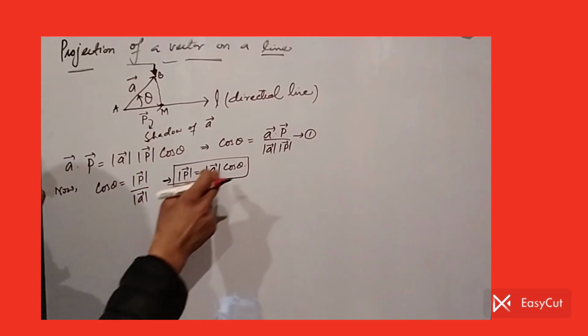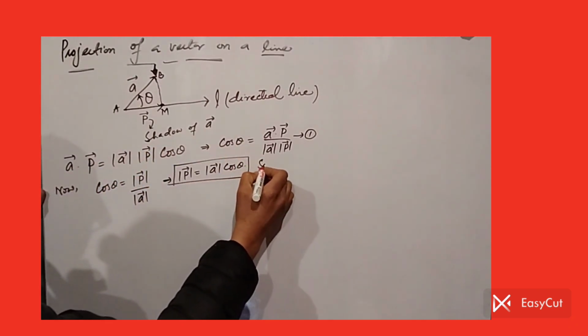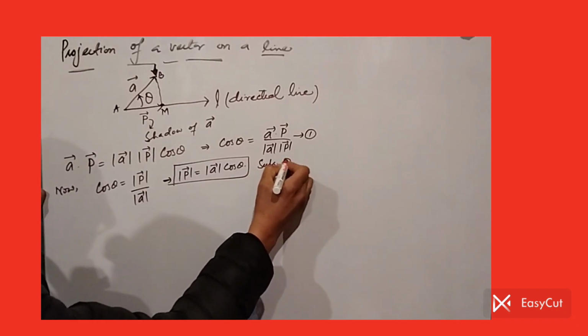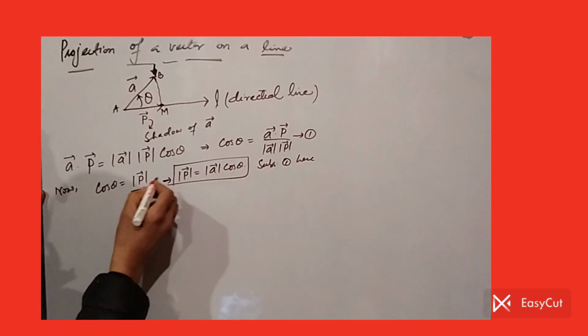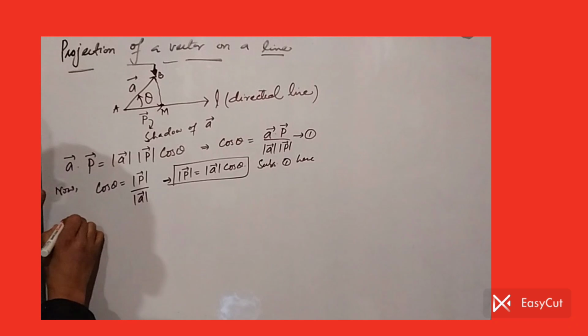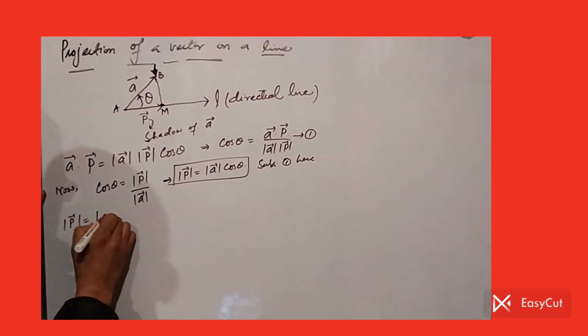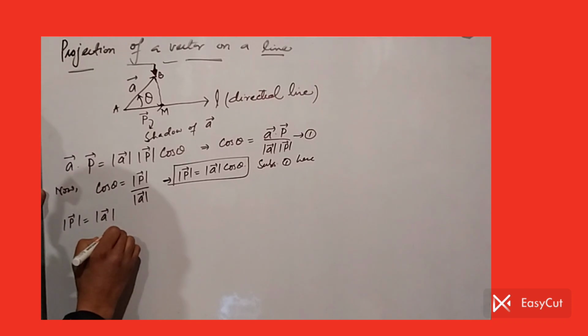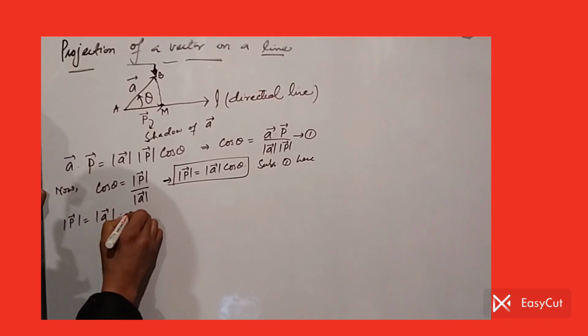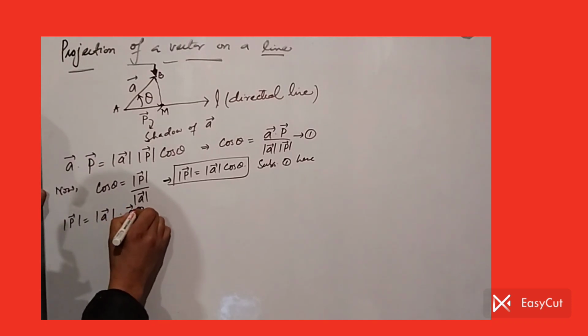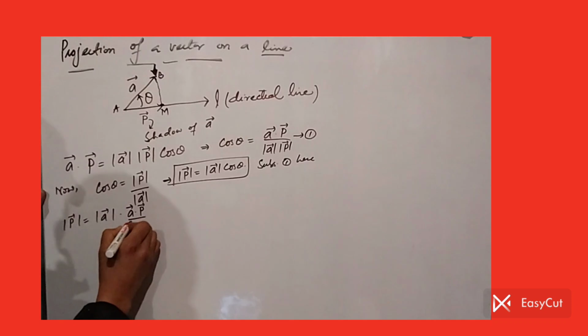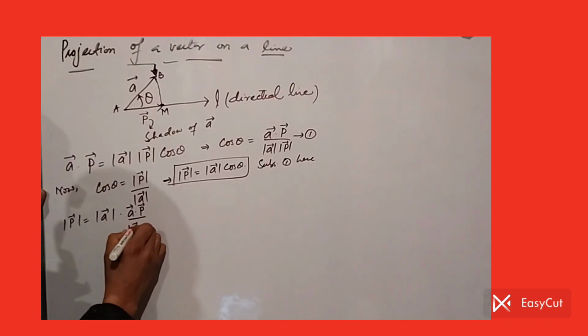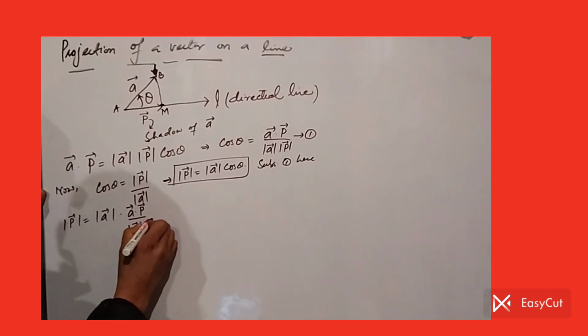Now substitute first here. So we get magnitude of p is equal to magnitude of a into cos theta, and cos theta is just a dot p divided by magnitude of a, magnitude of p.